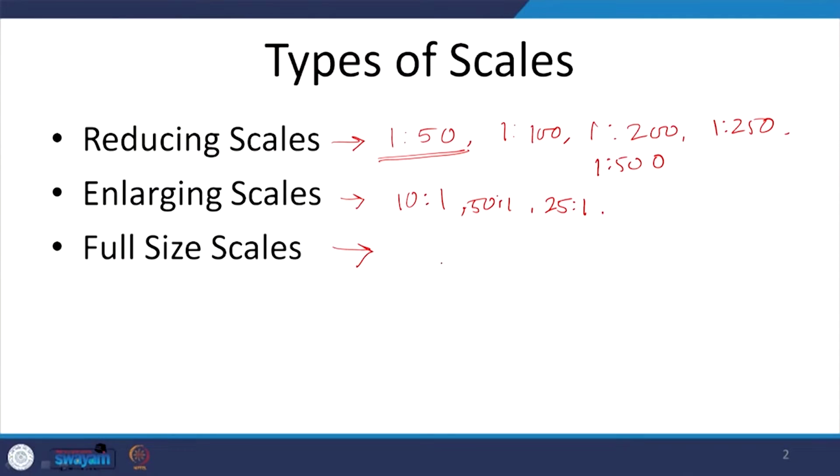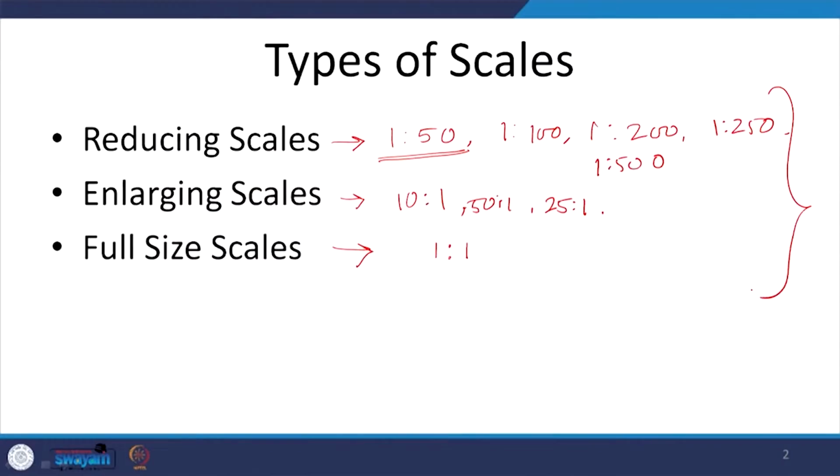The last one, which is full size scale, is 1:1. So, when the real size of the object is drawn on the sheet, it is called a full size scale, 1:1. So, if it is a 10 centimeter big object, it will be drawn exactly as 10 centimeters on the sheet. That is what the full size scale is.